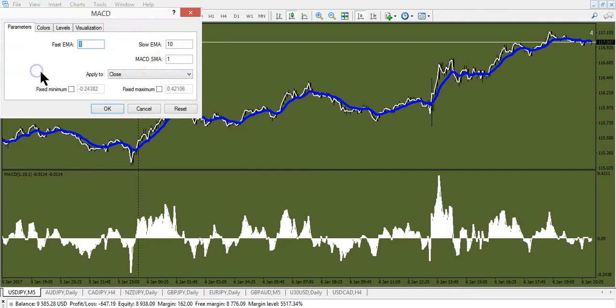The classic MACD is an oscillator. I put the fast EMA at 1, which reflects the closing price. I put the slow EMA at 10, which is the blue line, and I put the signal at 1 and said, I'm just going to duplicate this. In other words, it's as if the signal line doesn't exist. It's as simple as that.